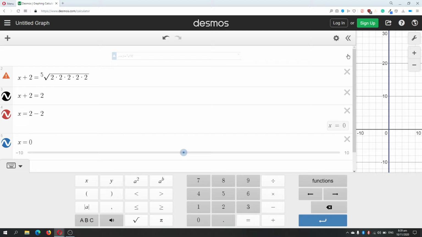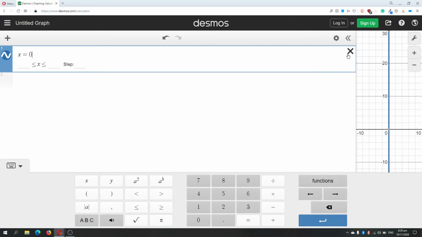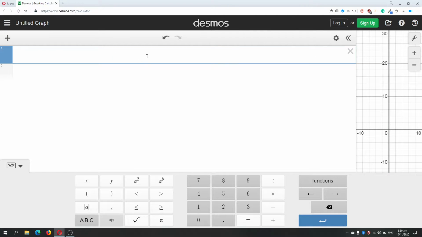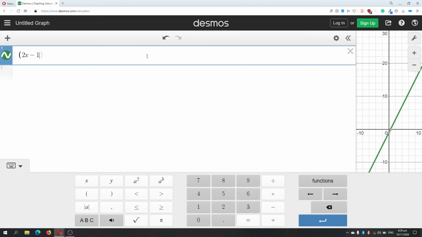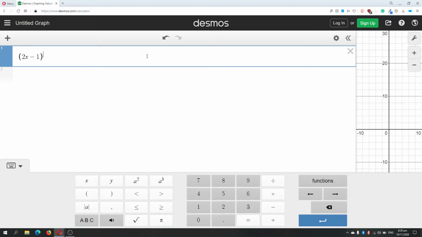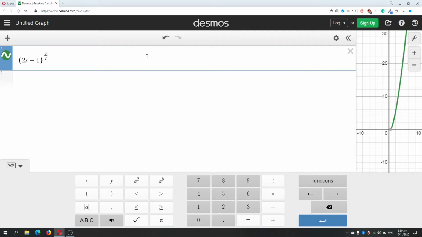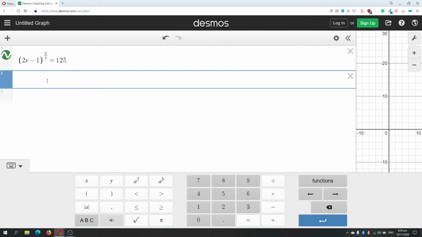Next. Ganon din yung gagawin natin kapag ganito yung nakikita natin. (2x minus 1) raised to 3 over 2 is equal to 125. So medyo malaki yung number. So ano gagawin natin?